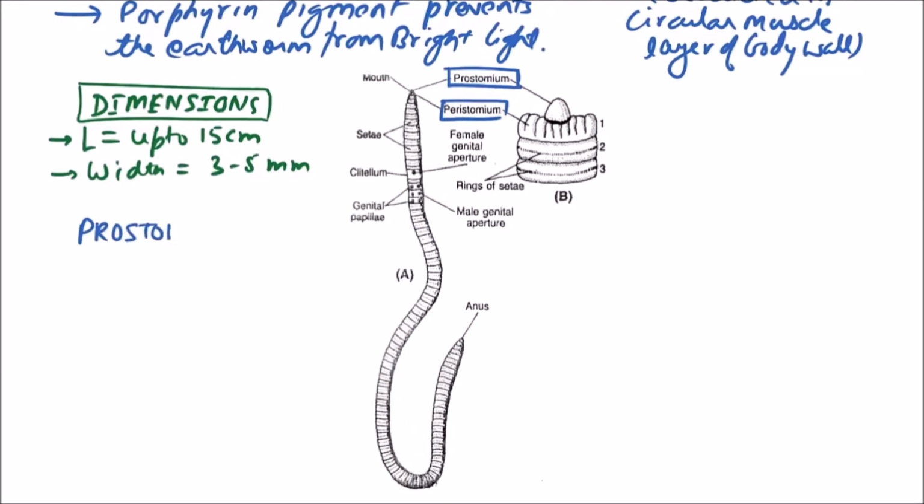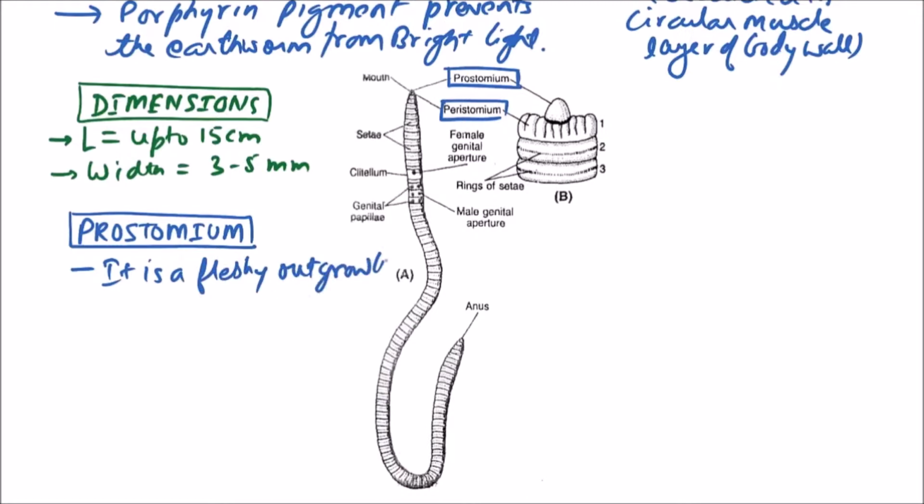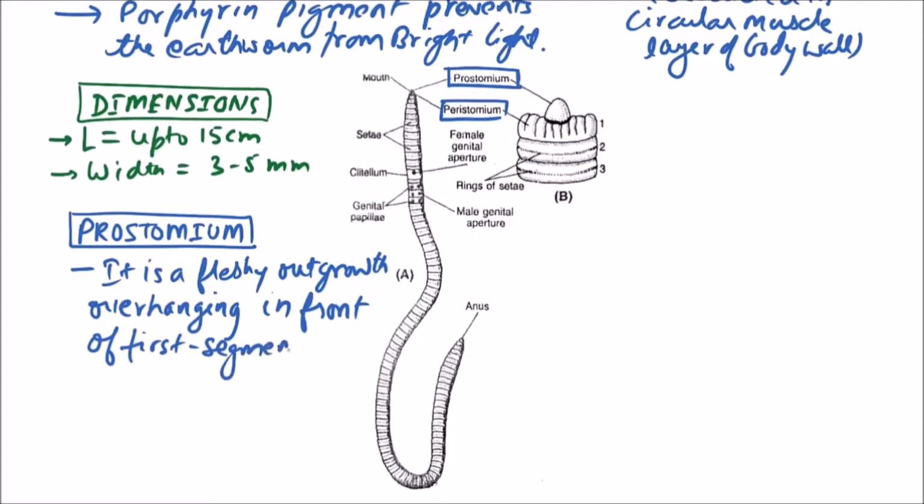Prostomium. It is a fleshy outgrowth overhanging in front of first segment, and that first segment is peristomium. It is wedge shaped and helps in burrowing.